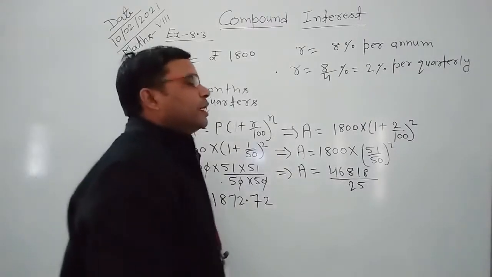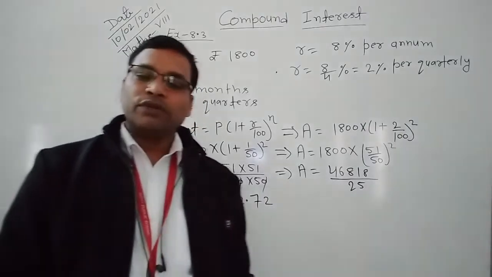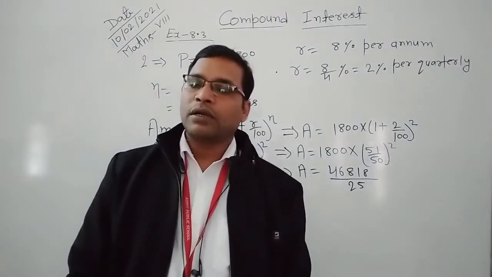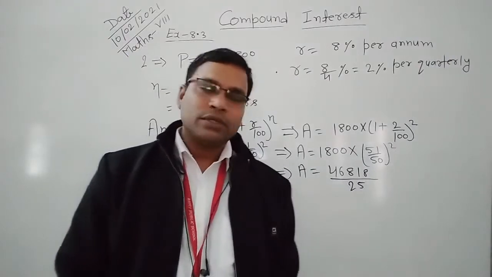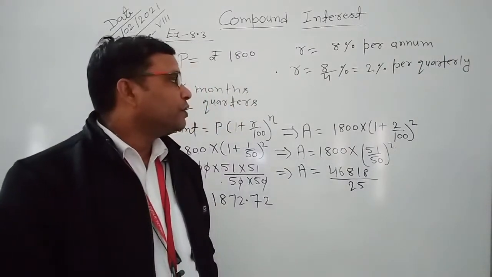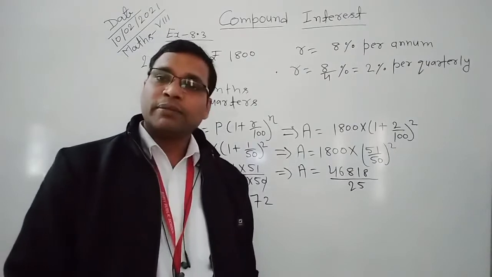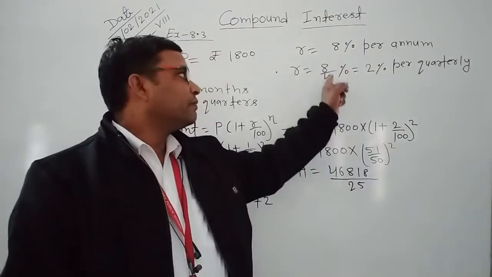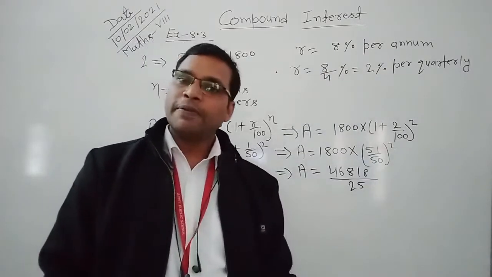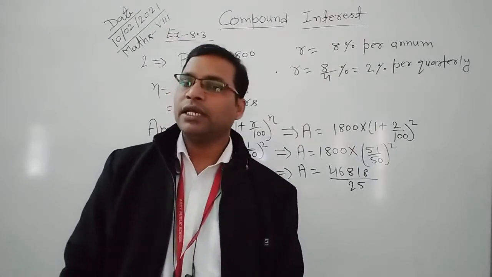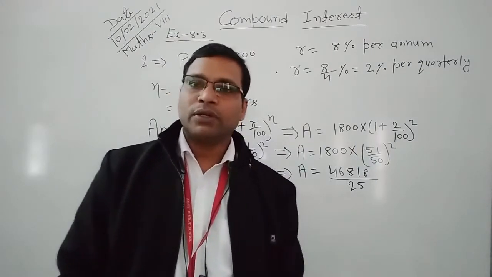Rate is given here 8% per annum, but we need to find amount compounded quarterly, so for compounded quarterly we divide rate by 4. Then we get 2% per quarter.